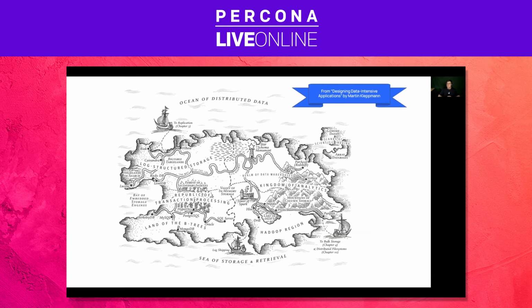So what does this mean now? Hopefully I've convinced you that focusing on reads and taking that query first approach is an interesting way to crack some of these problems, especially the problem around database selection, if not other kinds of database optimization problems.